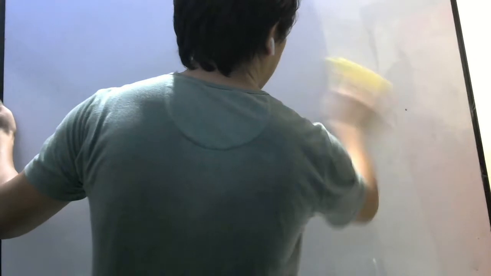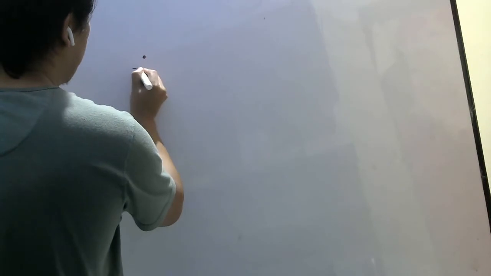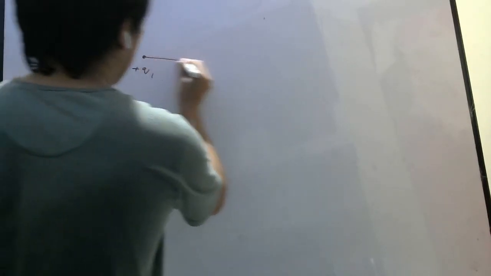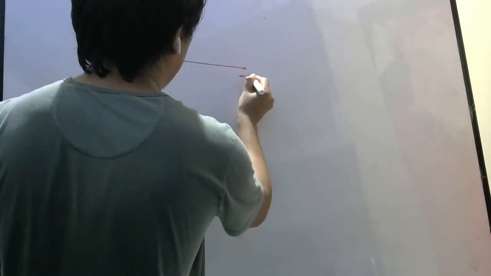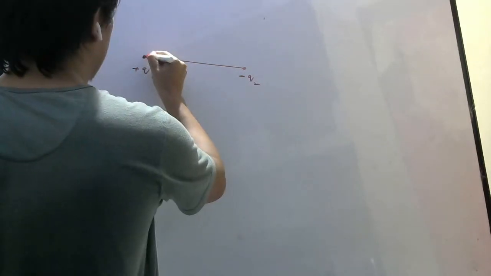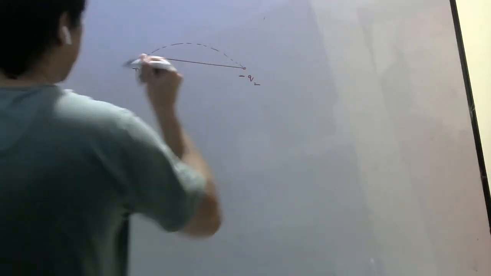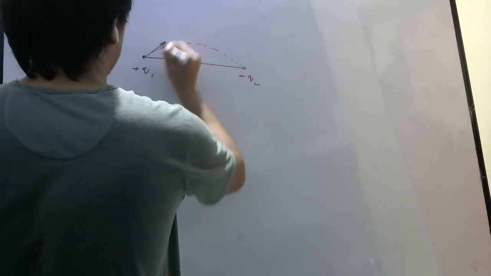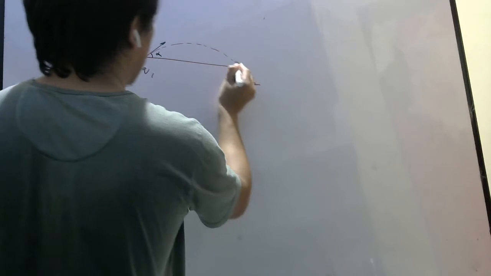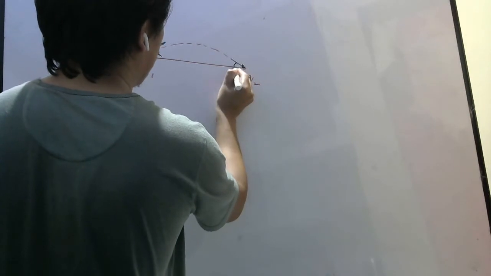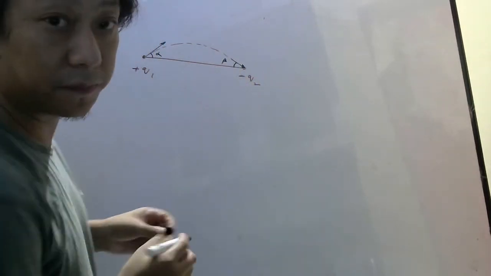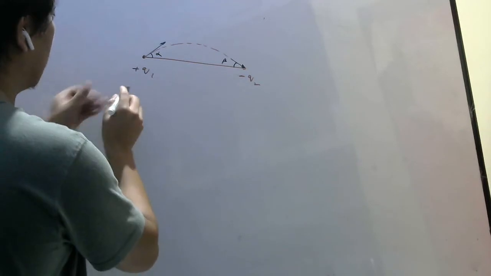Now let us come back to the original question. Here was your charge plus Q1, and here was your charge minus Q2, and the lines are going something like this. Now this makes an angle alpha and this makes an angle beta. Now look carefully.